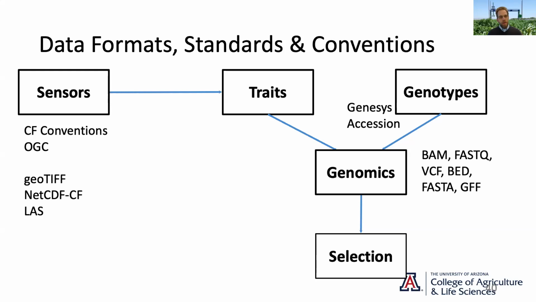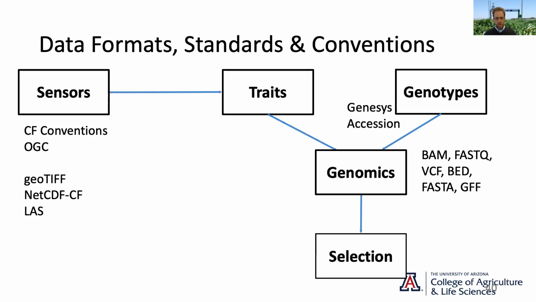There's been a lot of work in the world of earth science and remote sensing, so there was some place to start, including the Climate and Forecasting Conventions and the Open Geospatial Consortium. They've got a number of different definitions of file types and metadata formats. And we've adopted GeoTIFFs, NetCDF files for the hyperspectral images and LAS files for the point clouds.